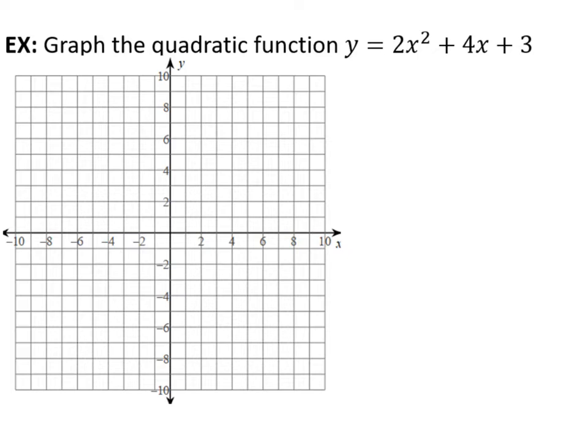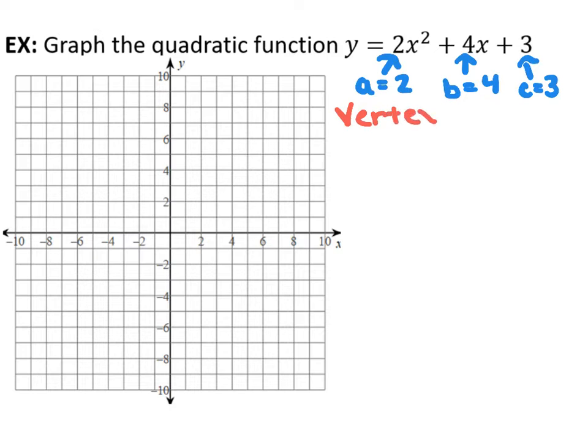In our first example, we have the equation y equals 2x squared plus 4x plus 3. Now first, let's identify a, b, and c. So we could say a equals 2, b equals 4, and c equals 3. Now, to determine the vertex, we first need to calculate the x-coordinate.